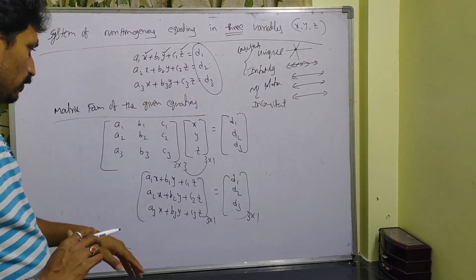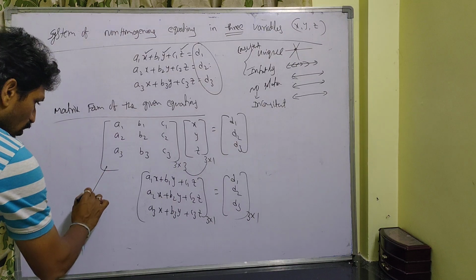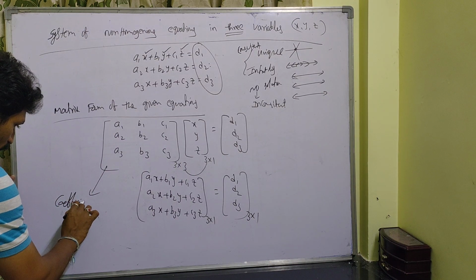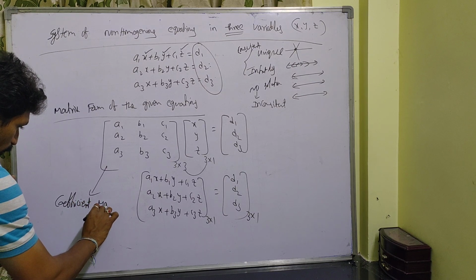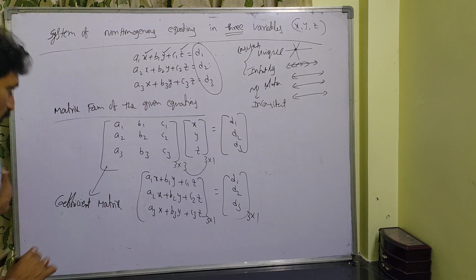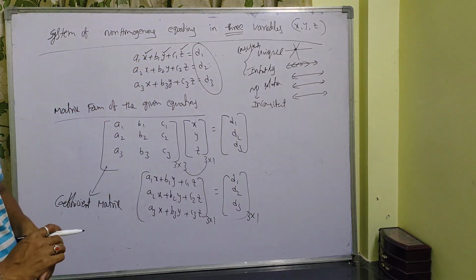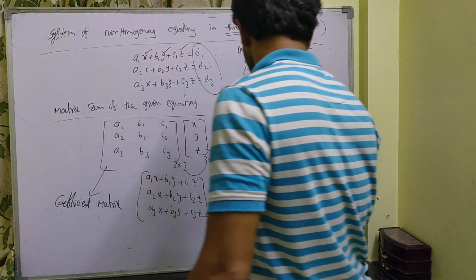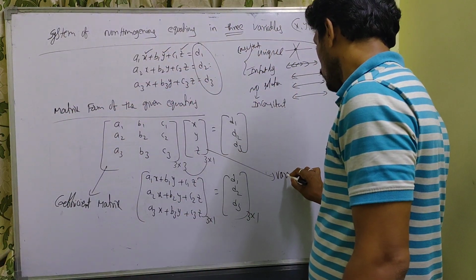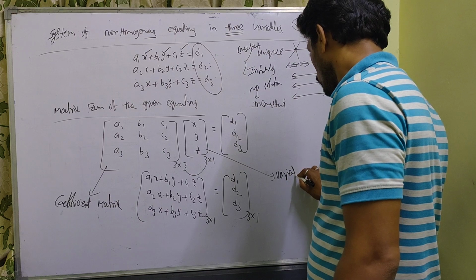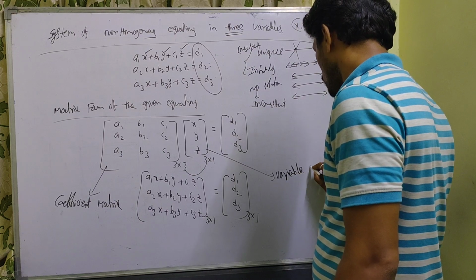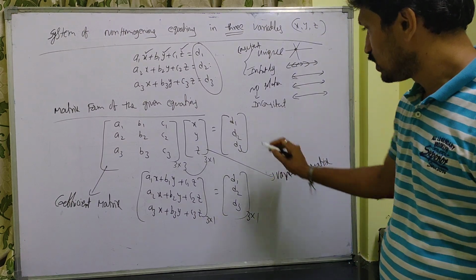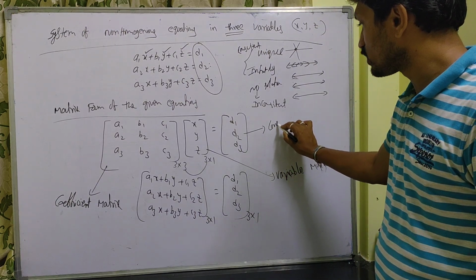See here, this is called the coefficient matrix, because all of these are the coefficients of the variables. This is called the variable matrix, because all of these are variables. This is called the constant matrix.